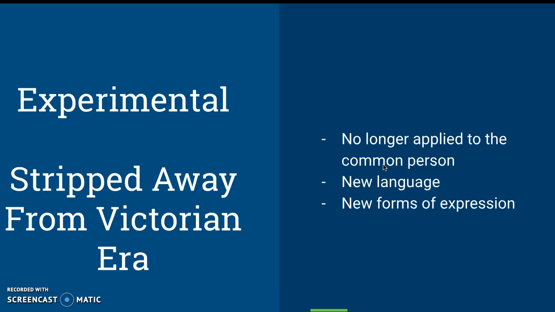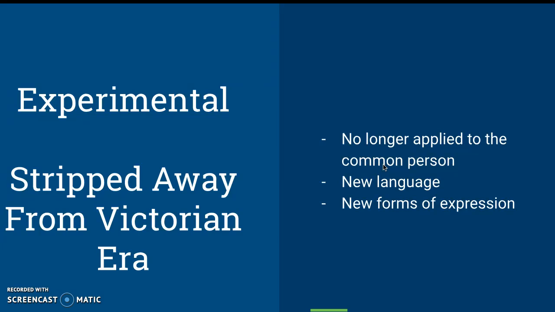And with the experimental side and how it stripped away from the Victorian era, modernism was super experimental. It typically reached huge heights of consciousness for most people in the audience that writers reached. And it stripped away from the Victorian era.